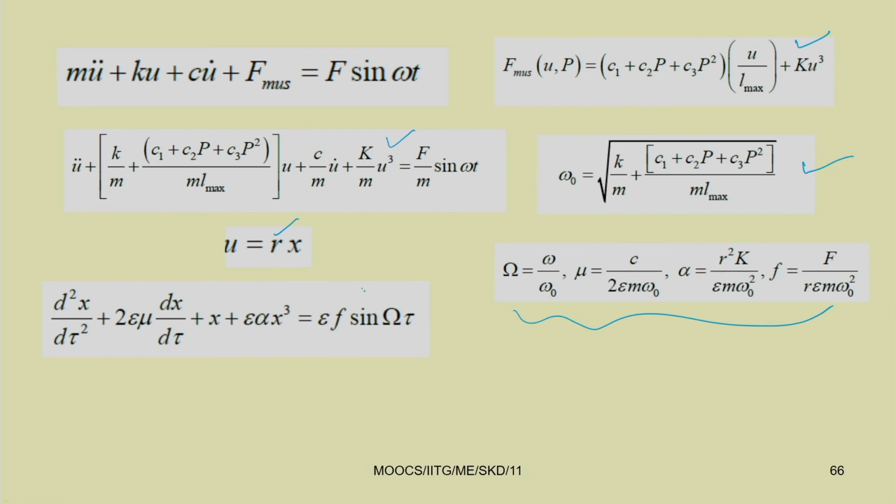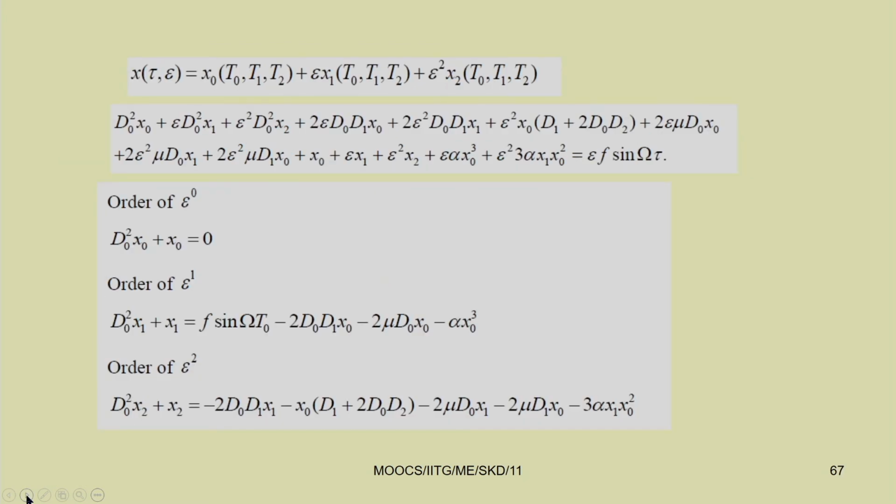We can write this equation in a convenient way: d square x by d tau square plus 2 epsilon mu dx by d tau plus x plus epsilon alpha x cube equal to epsilon f sin omega t.